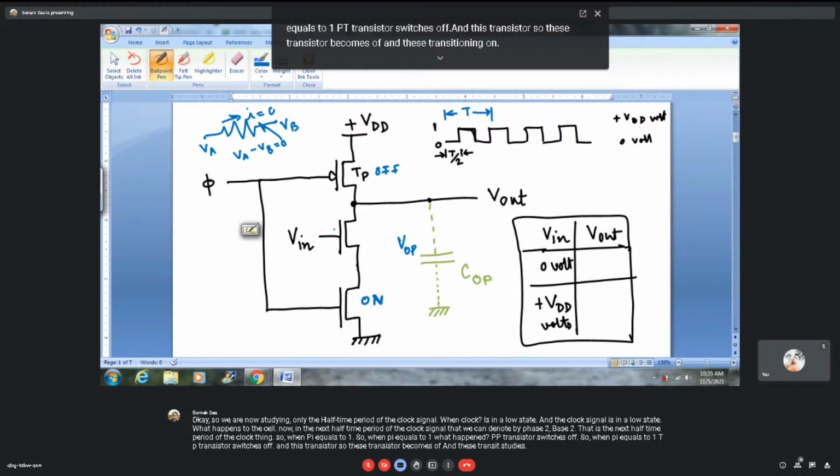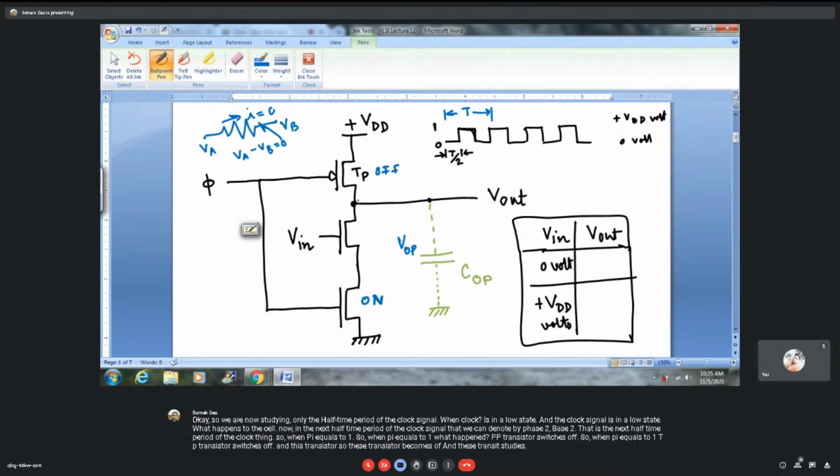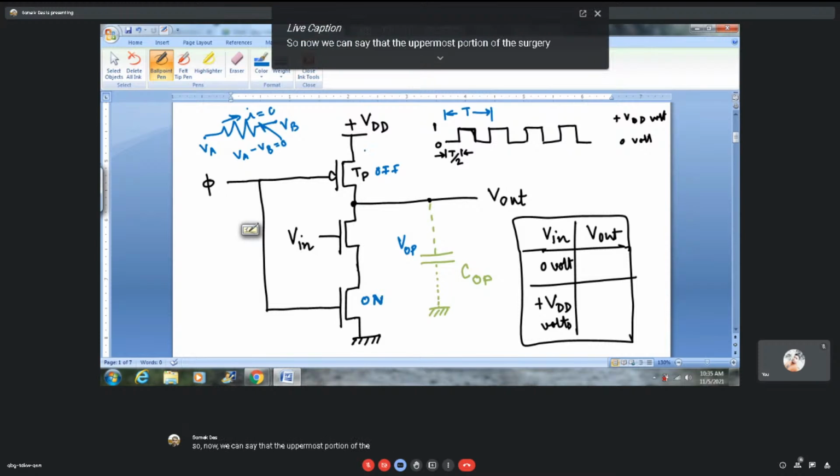So now we can say that the uppermost portion of the circuit is in a non-conductive state, because the circuit is incomplete within the uppermost portion.